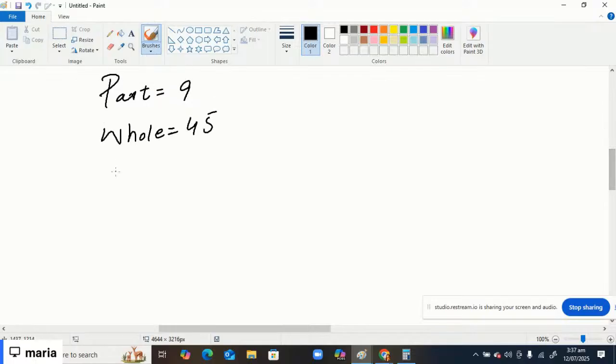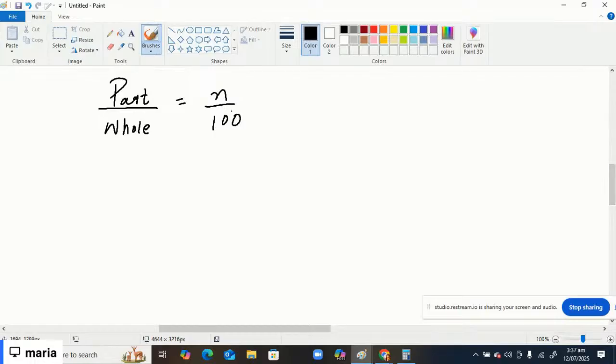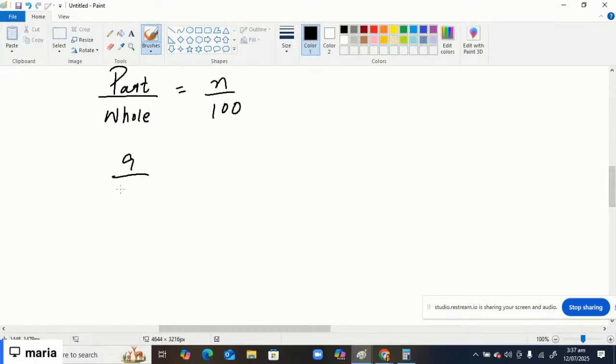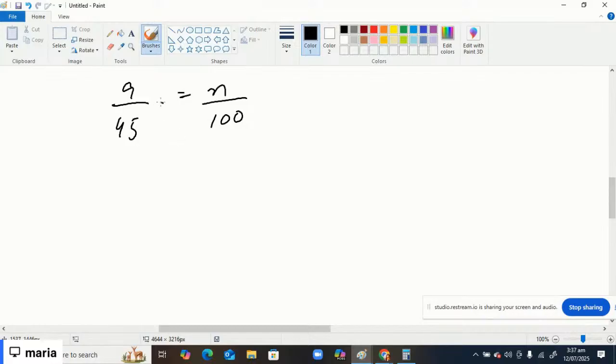Okay, so now part over whole is equal to n by 100. So part is 9 over 45 which is equal to n by 100. Just cross multiply: 9 times 100 is equal to 45n.